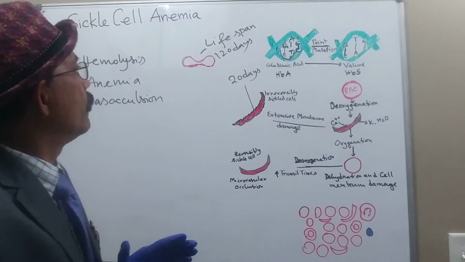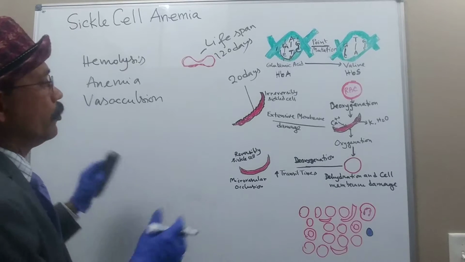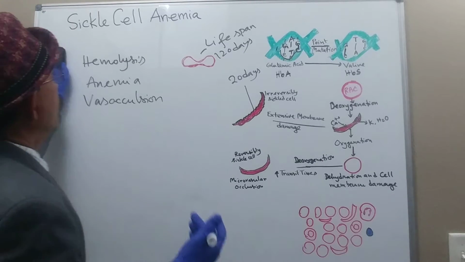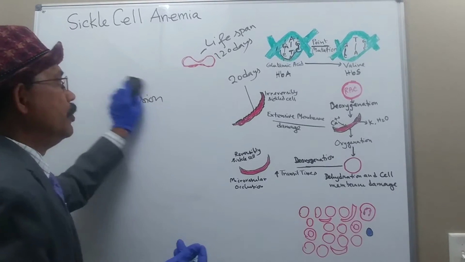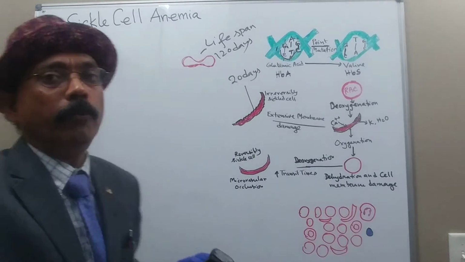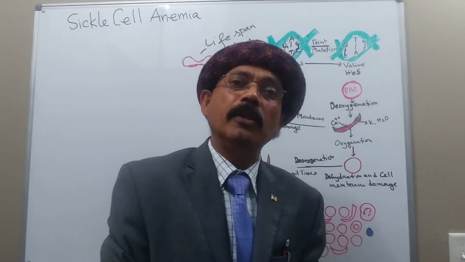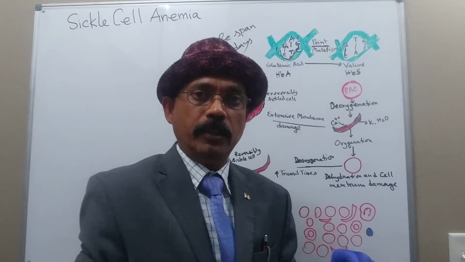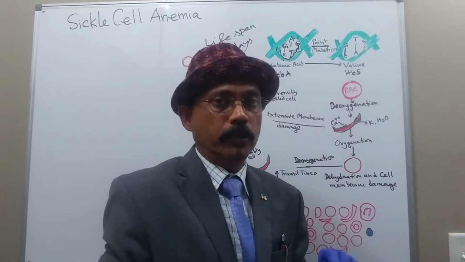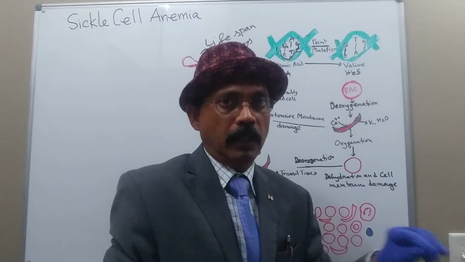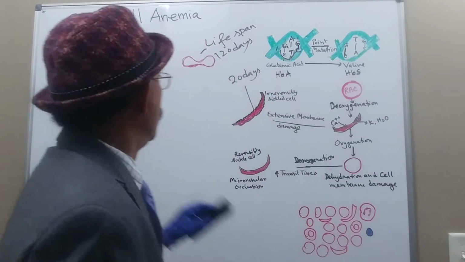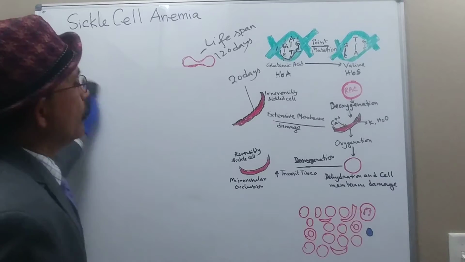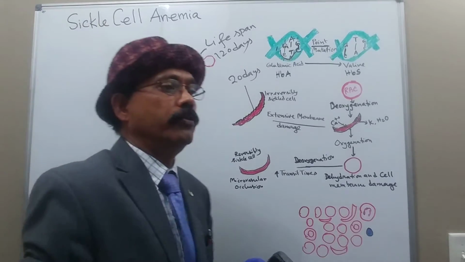We have hemoglobin S. We have other types of mutation like hemoglobin C and hemoglobin D. Hemoglobin C is even worse than sickle cell anemia, and that is also present in the African American population to a lesser extent. Okay, so we got the pathogenesis.